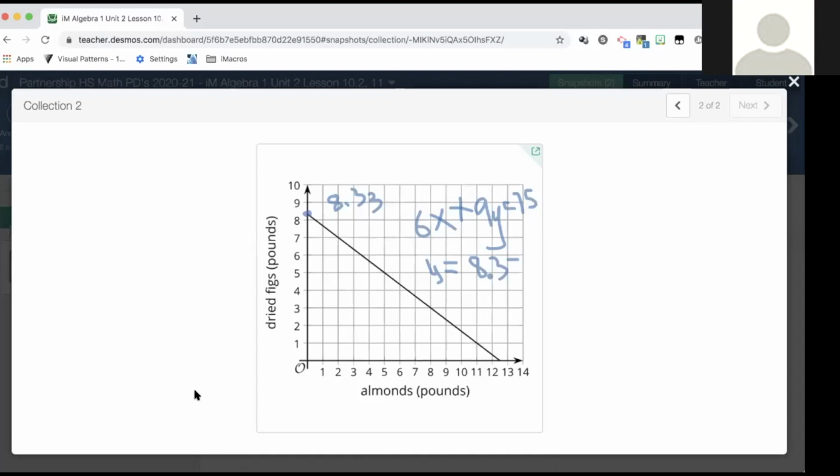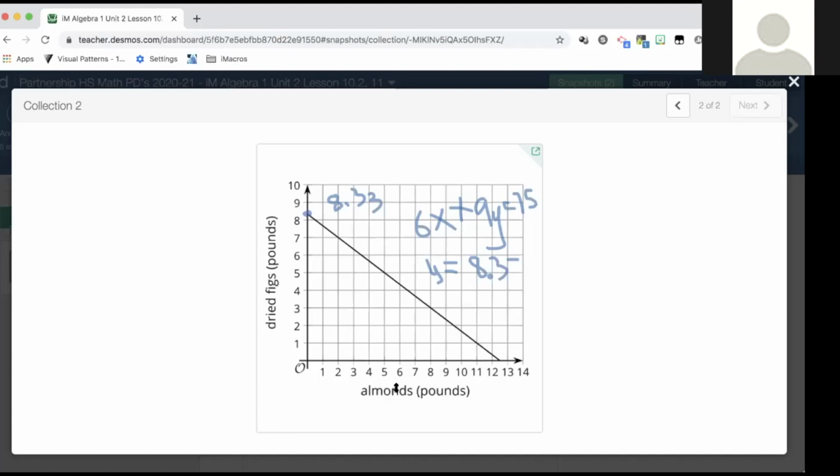So when we looked at our equation, we realized that it wasn't in the same form. Before it was like A is equal to, and the A was representative of the vertical axis. So we wanted to manipulate our equation to where our vertical axis was represented. And we figured out that that would be the dry figs.